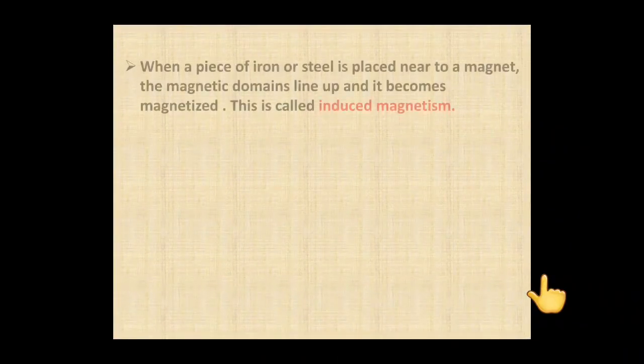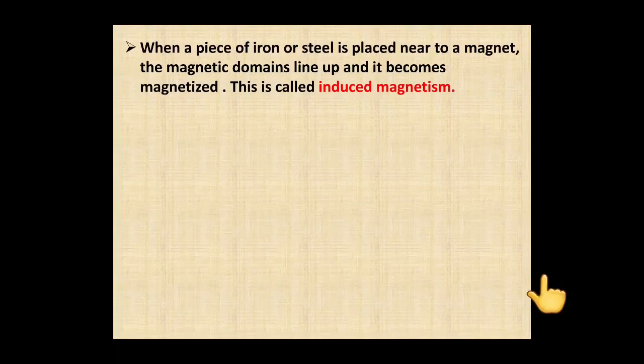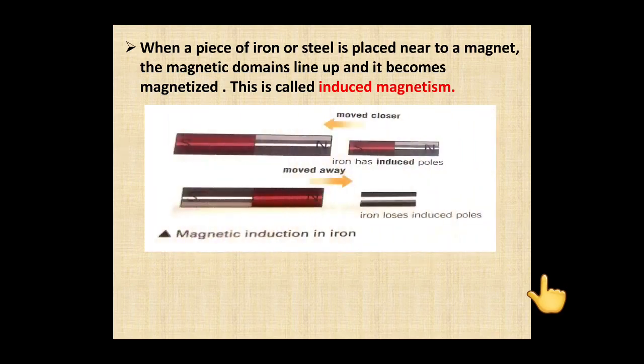When a piece of iron or steel is placed near to a magnet, the magnetic domains line up and it becomes magnetized. This is called induced magnetism. Look here, when you move a magnet towards a piece of iron, both North Pole and South Pole are induced on the ends of the iron.